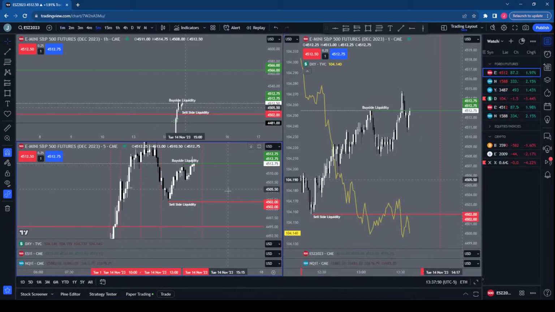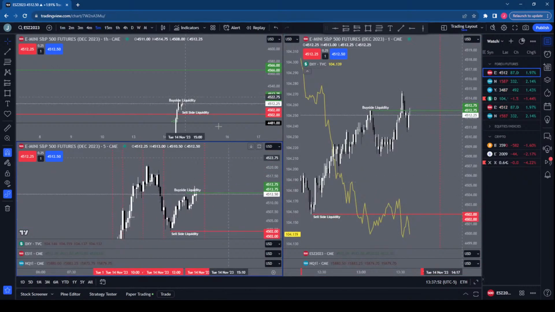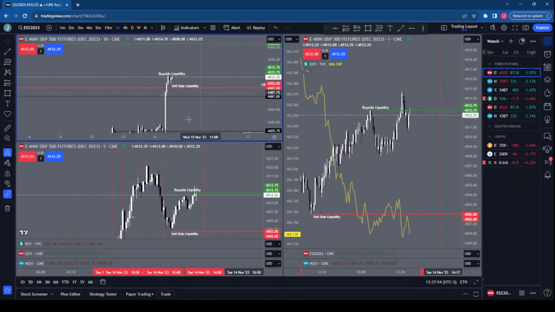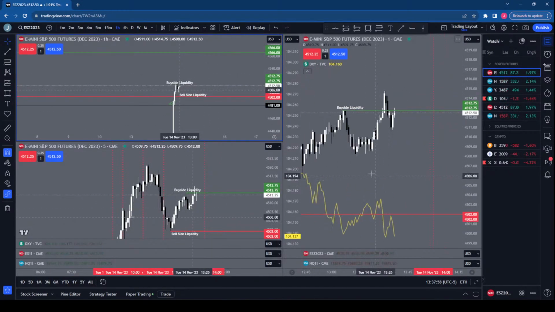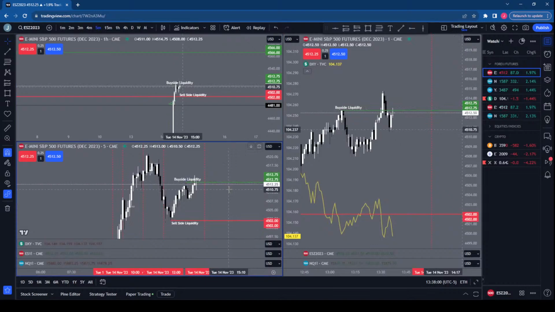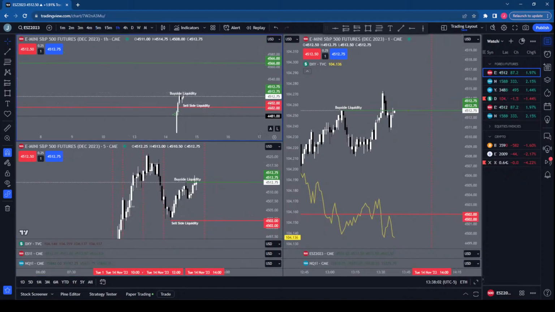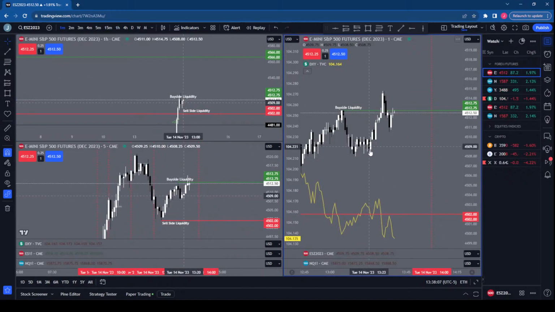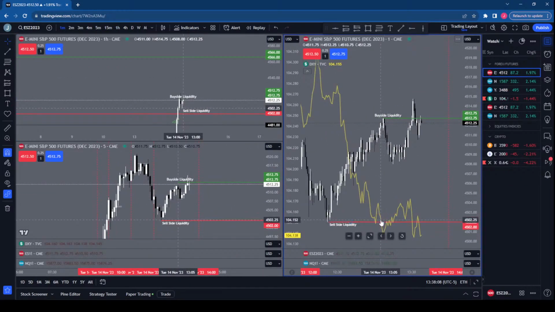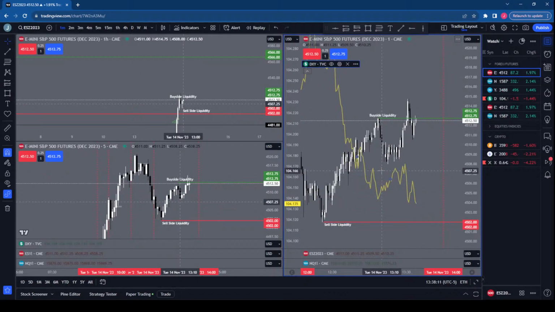But with how price has been today, this huge up close candle, we have to be very careful that we're not trying to pick a top. Price is spooling to the upside, the algorithm is spooling to the upside, so we need to make sure we try not to pick a top.